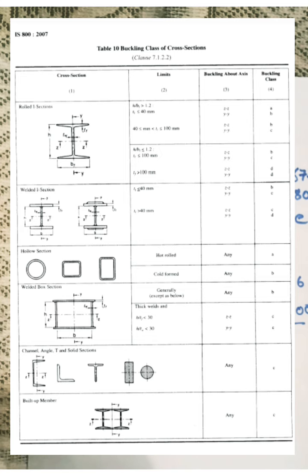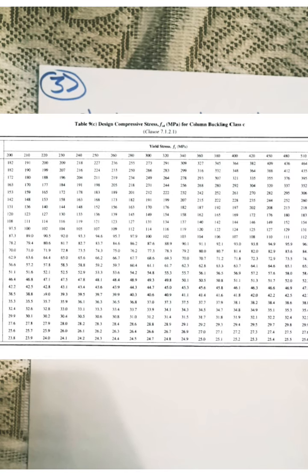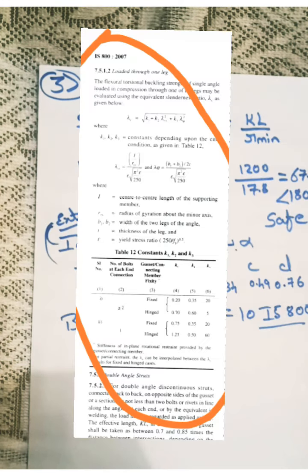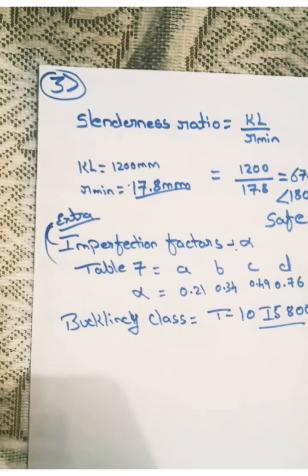So when using a table, we need to refer Table number 9C for all the double angles. For single angle in the formula, the value of alpha will be 0.49.